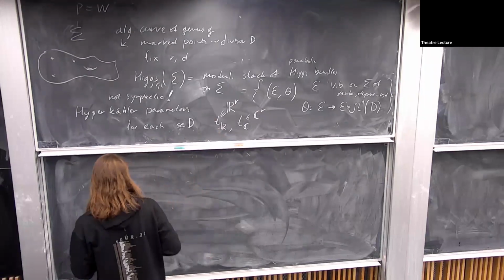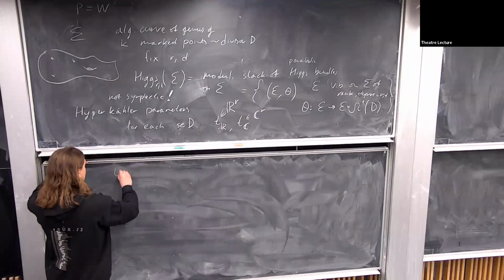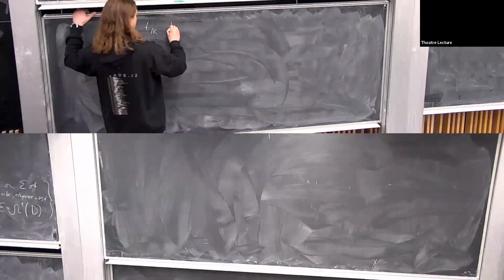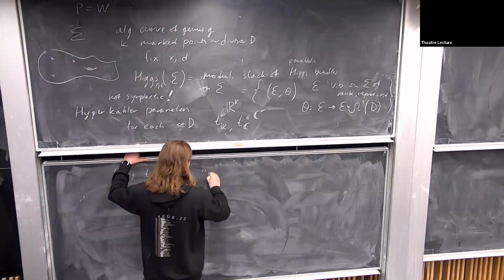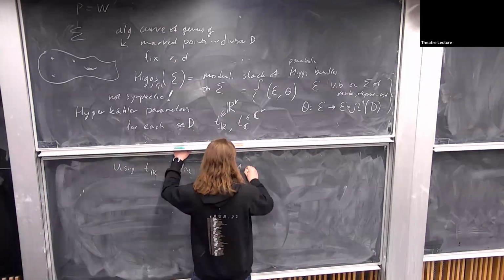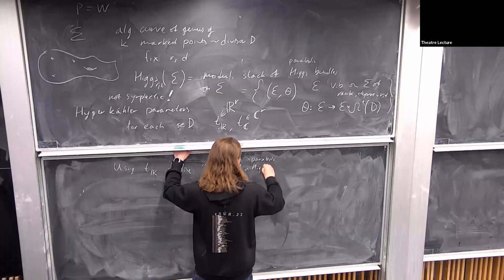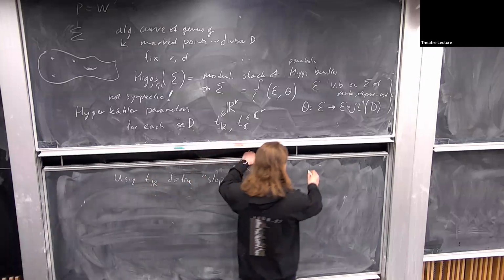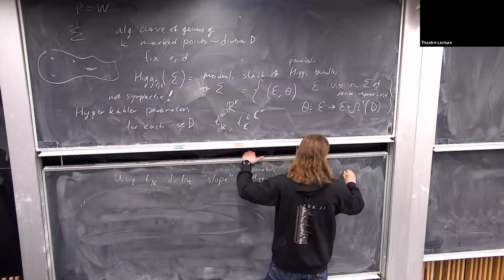And then once we have that, using T R we define the slope of any parabolic Higgs bundle, which is simply degree over rank if D is empty.